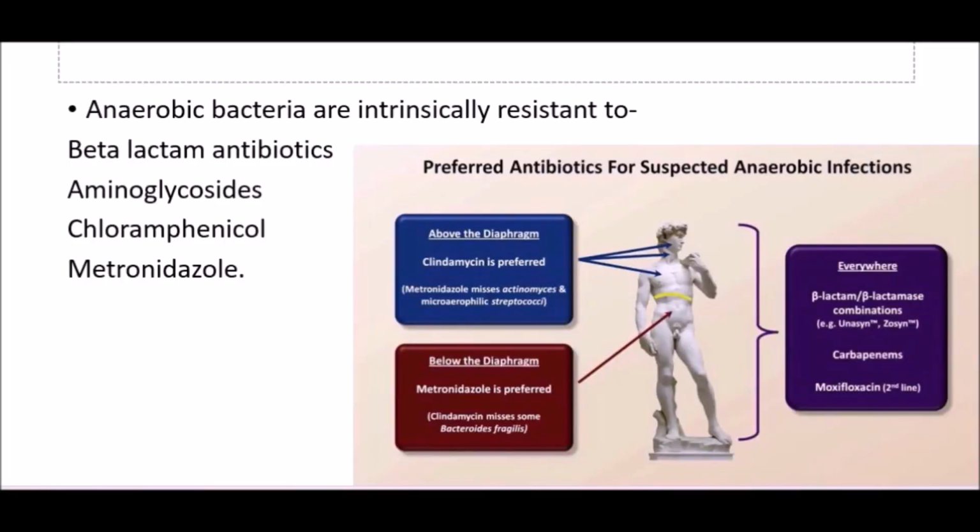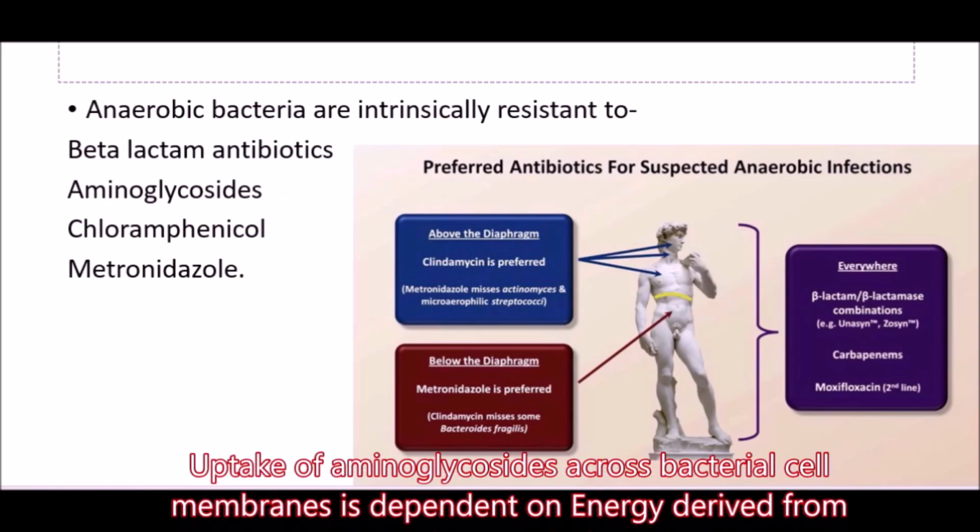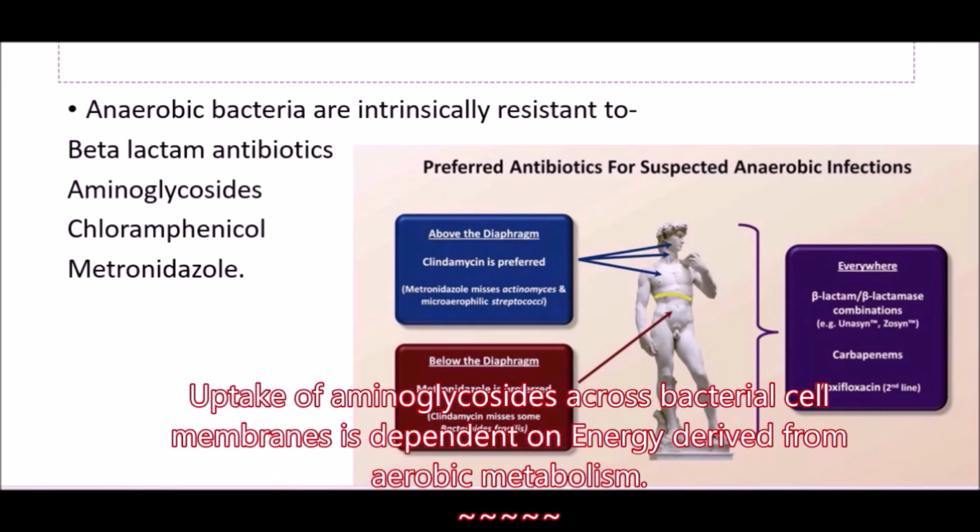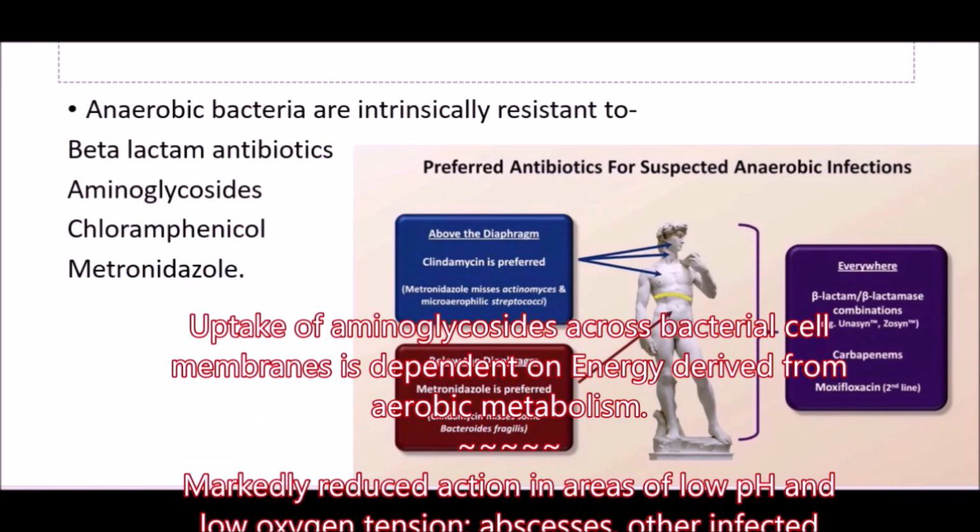Now the next question is, anaerobic bacteria are intrinsically resistant to beta-lactam antibiotics, aminoglycosides, chloramphenicol or metronidazole. So the answer here is aminoglycosides, because these antibiotics are not active against anaerobic bacteria because their uptake across bacterial cell membranes depends on energy derived from aerobic metabolism.